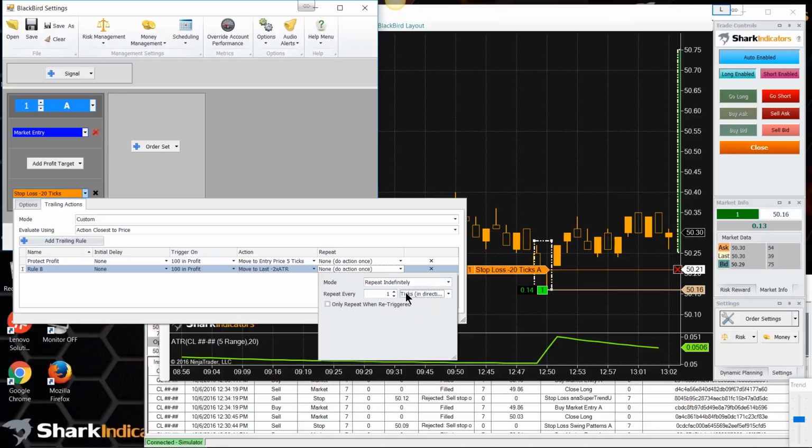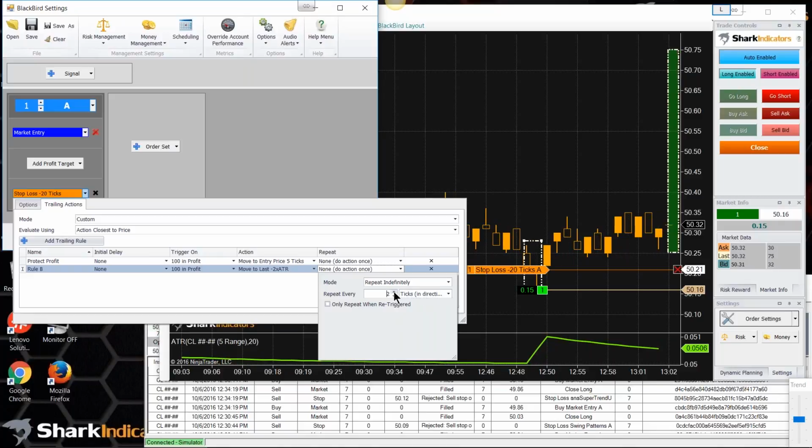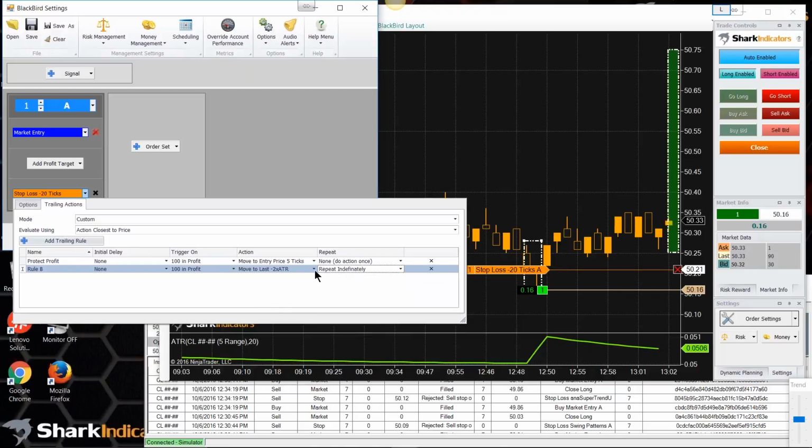And so our stop loss would be moving every tick in direction. Or we could say, wait for every 2 ticks in direction. So we have to make 2 ticks in profit. Every 2 ticks in profit, then our stop loss gets updated. So we'll do something a little fancier like that.